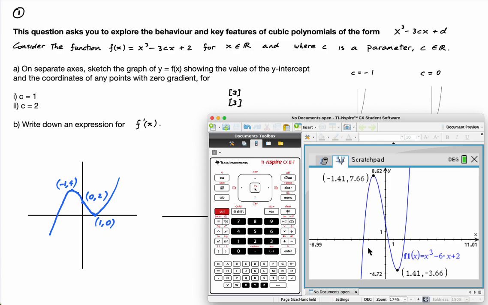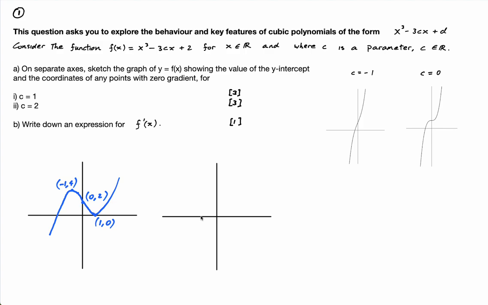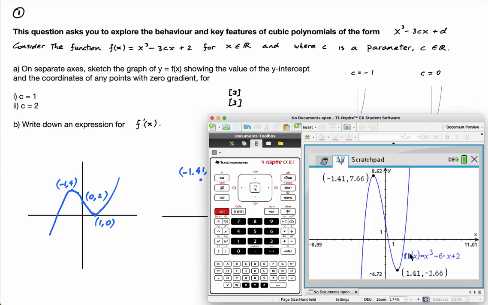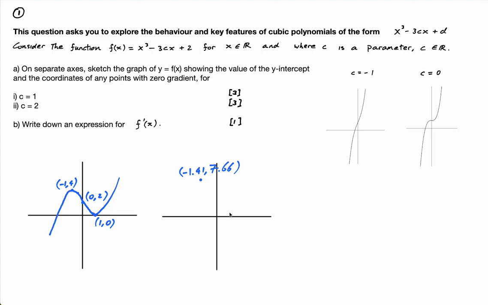So this point is at minus 1.41, comma 7.66, and here 1.41, negative 3.66.